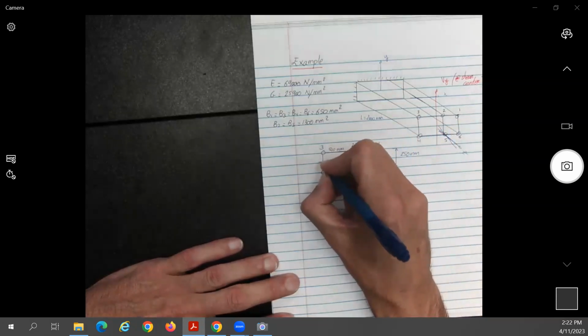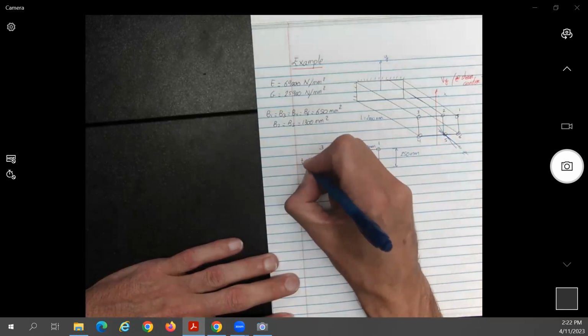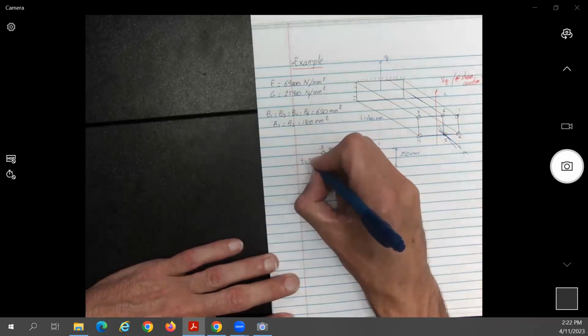And the thickness of every single panel is t equals 2 millimeters.